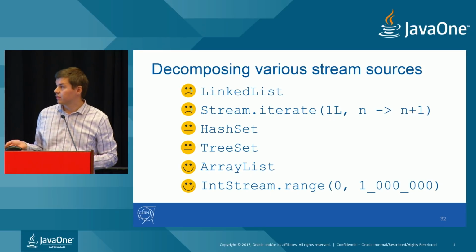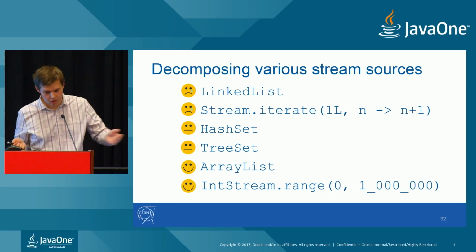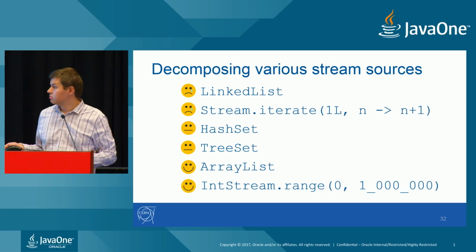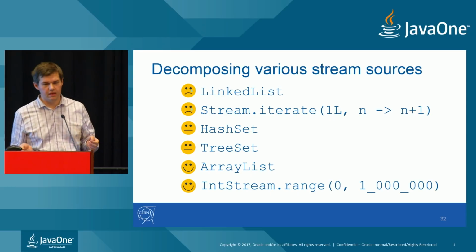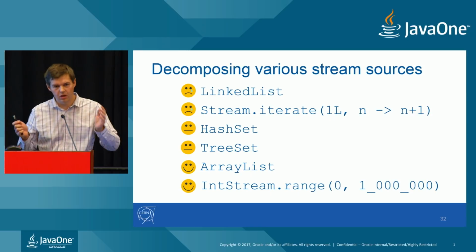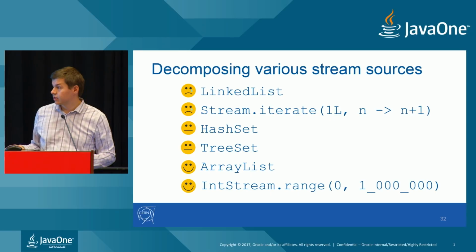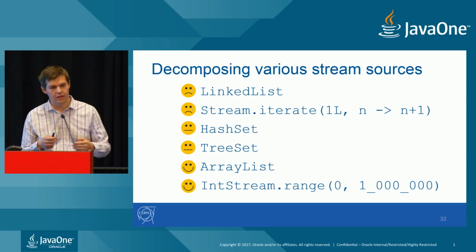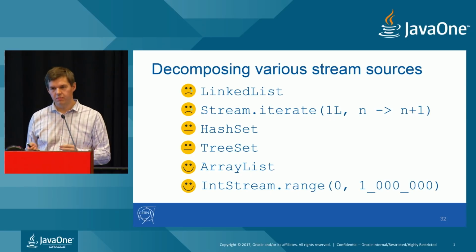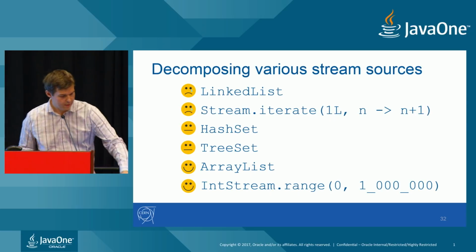When you use a generator function, it's an iterative generator, so it has the same characteristics for generating the elements as a linked list. A hash set and a tree set are somewhere in the middle, probably not O(n) but something logarithmic. And of course, ArrayList or stateless generators are fine. So one of the lessons: whenever you create a parallel stream, think about the stream source.